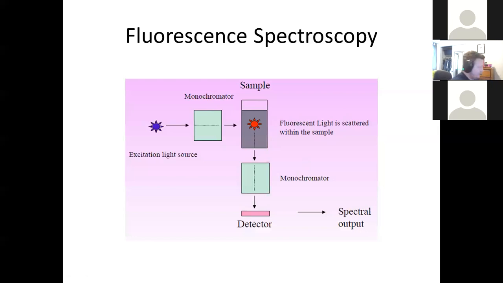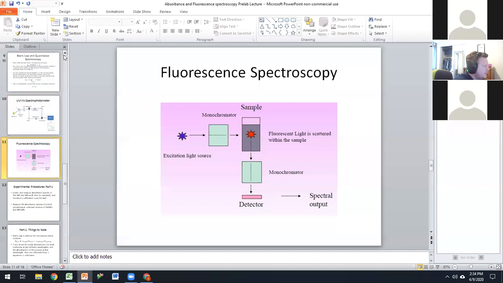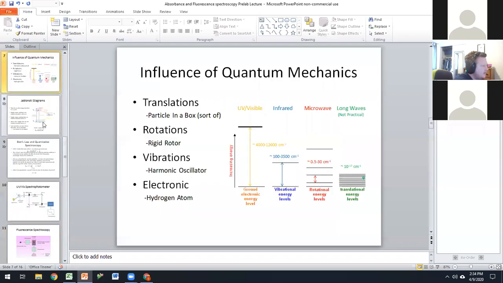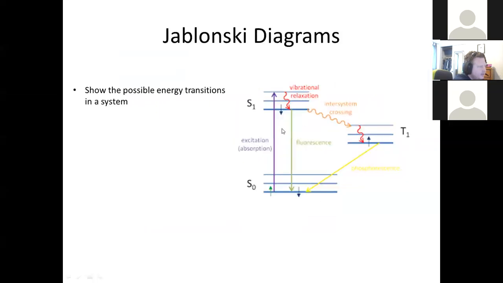Because remember, if we go way, way back to this Jablonski diagram, sorry, we have excitation, absorption, right? And then there's some vibrational relaxation that takes place, and then there's fluorescence happening.